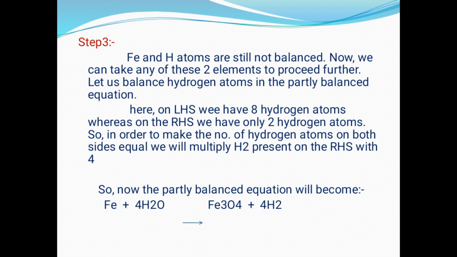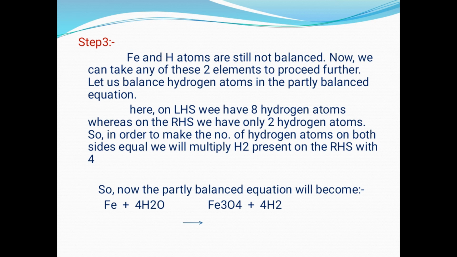So here if we take hydrogen, on LHS we have 8 hydrogen, but on RHS, that is on products, we have H2. Sorry, only 2 hydrogen atoms are there. So we have 8 on reactant and 2 on product. So in order to make the hydrogen atoms on the product side also equal to 8, we will multiply that H2 with 4.